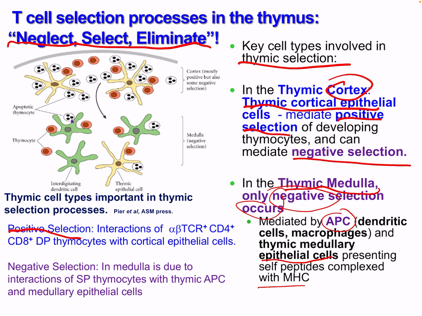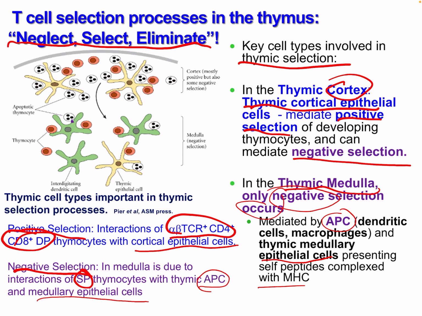So positive selection is the interaction of alpha beta T cell receptor CD4, CD8 double positive thymocytes with cortical epithelial cells. Negative selection in the medulla is due to interactions of single positive thymocytes with thymic antigen-presenting cells and medullary epithelial cells. Here's our negative selection, and here's our positive selection, but some negative selection.